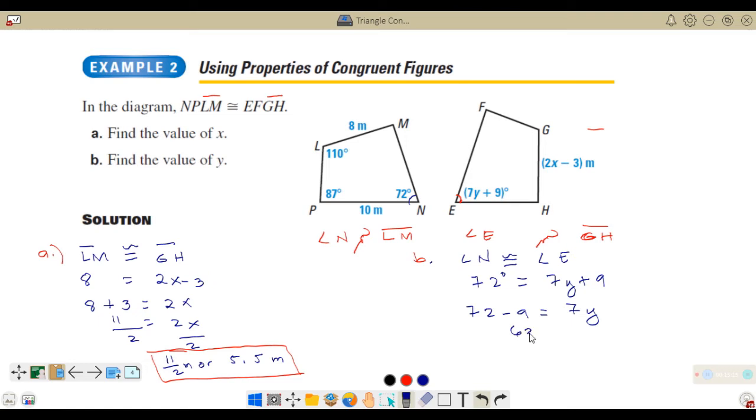So we have here 63 degrees is equal to 7y. Divide both sides by 7. We have 9 is equal to y. Okay. So the measurement of y is 9, while the measurement of x is 5.5 or 11 over 2 meters. Ay, don't forget the degree here. Yan. So this is the end of example number 2. Let's move forward to example number 3.